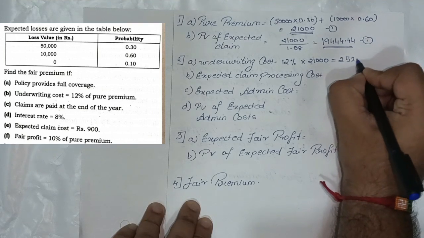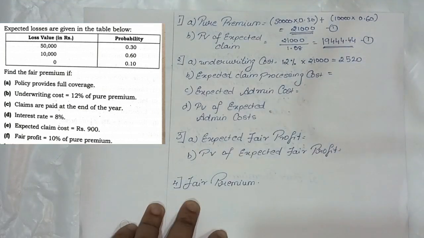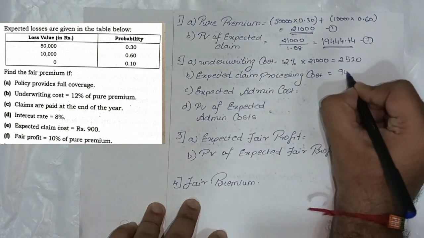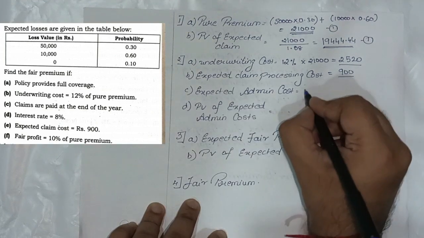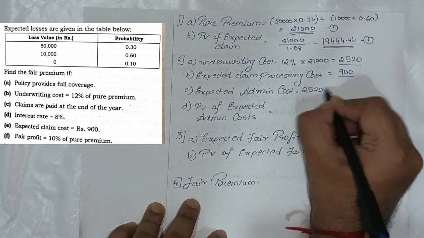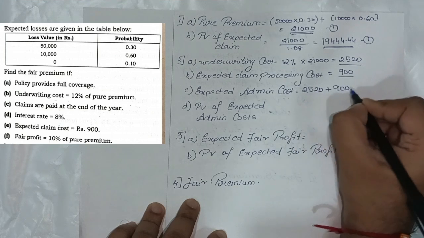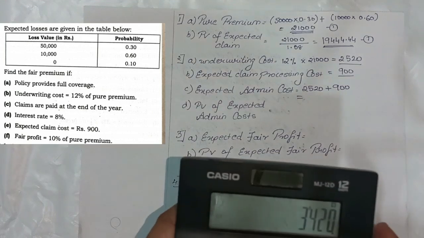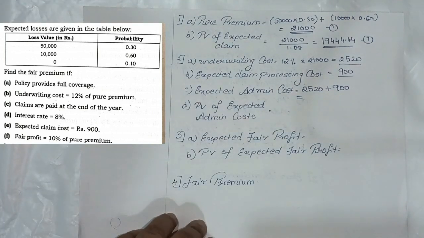So 2,520. Expected claim processing cost, given in the question under adjustment number E, is 900, so we note down this as 900. So expected admin is 2,520 plus 900, which comes up to 3,420.